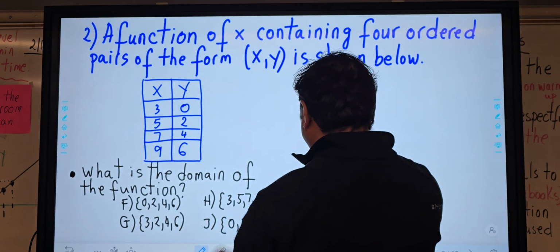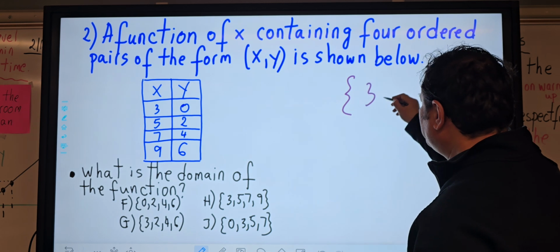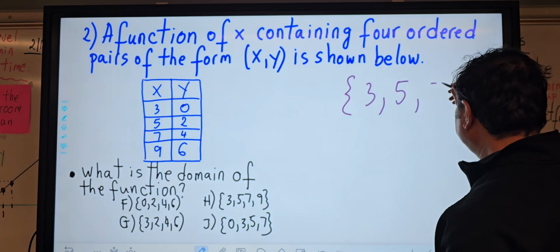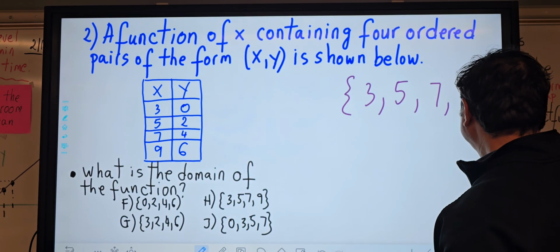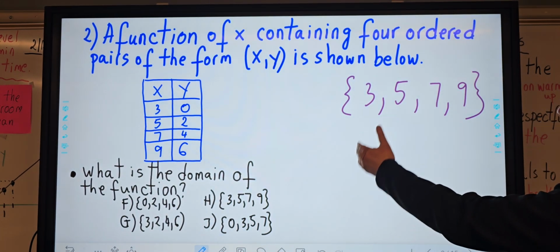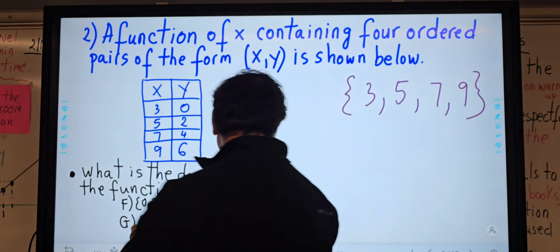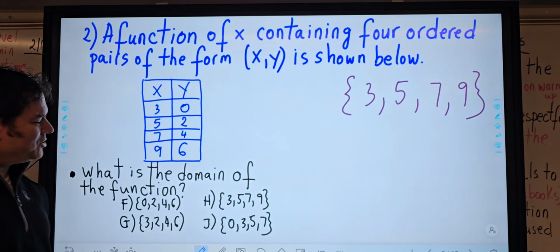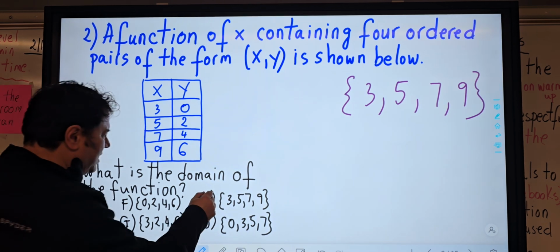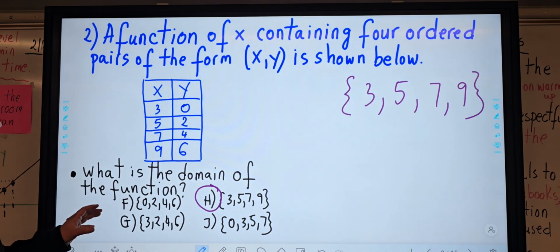So all the x values are going to be our domain. So the first one is 3. Let's make our own: 3, 5, 7, and 9. And it's also in order from least to greatest. Let's see which one of these multiple choice options matches our answer. 3, 5, 7, 9, and H is the answer. Pretty easy how to identify this.